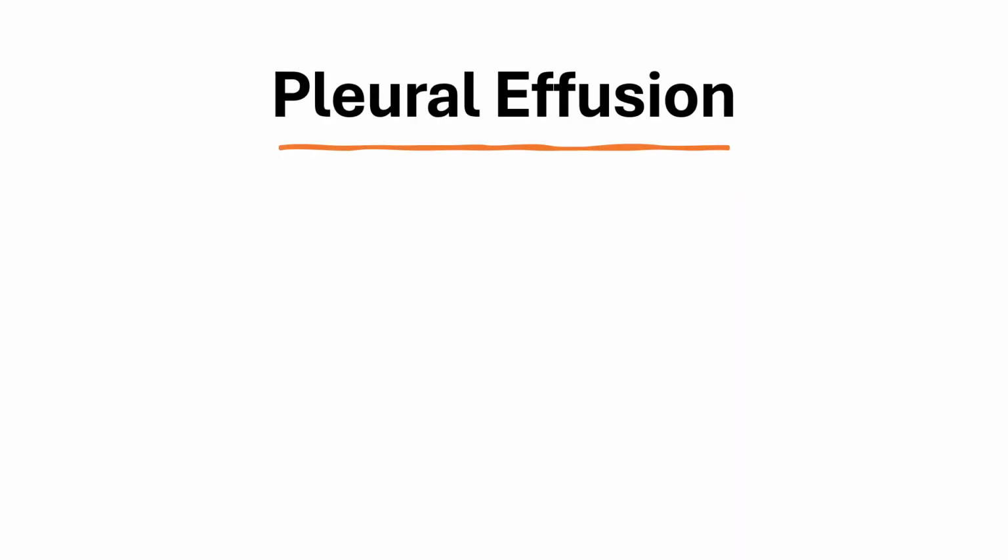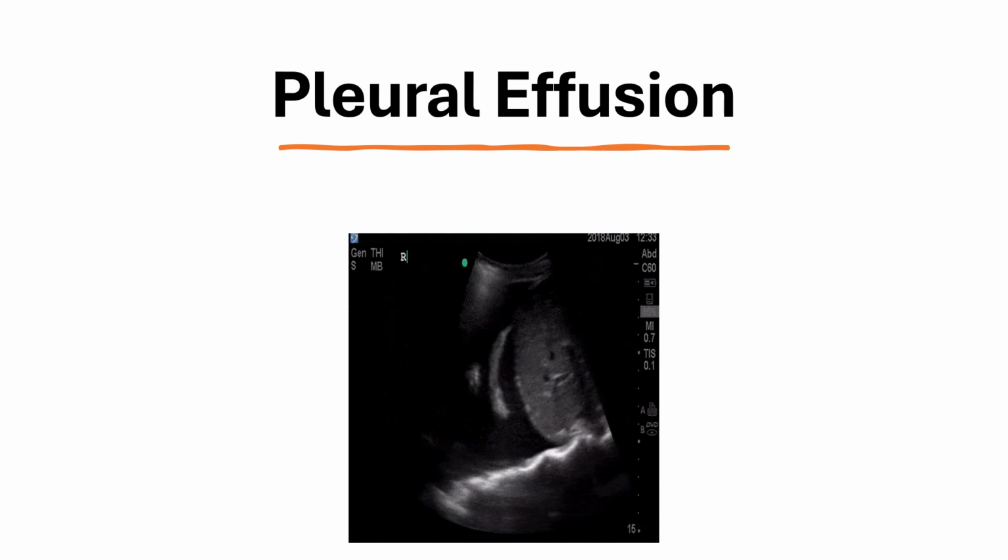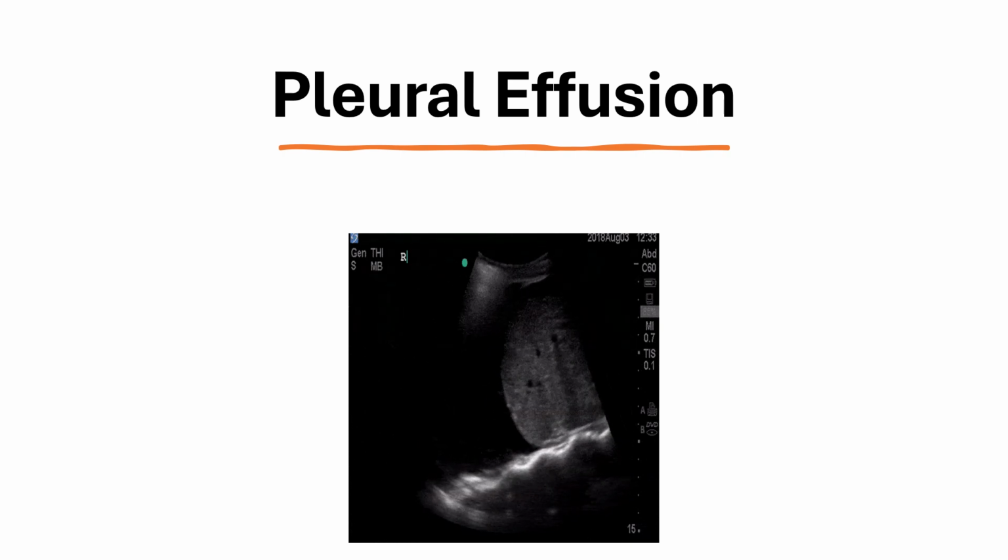Let's take a look at some examples of pleural effusions, which you can see with lung ultrasonography. On this image, you see either a liver or spleen, diaphragm, a simple anechoic effusion above the diaphragm, and an atelectatic lung floating in the pleural fluid.